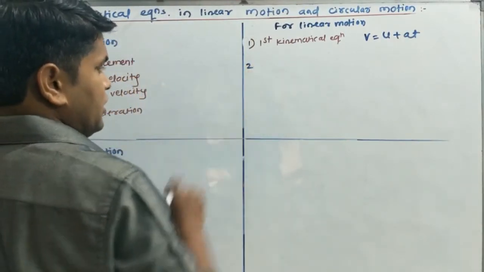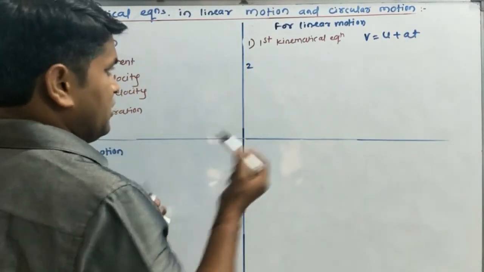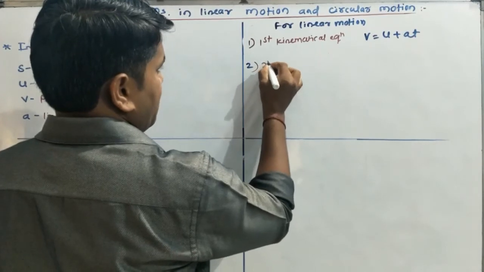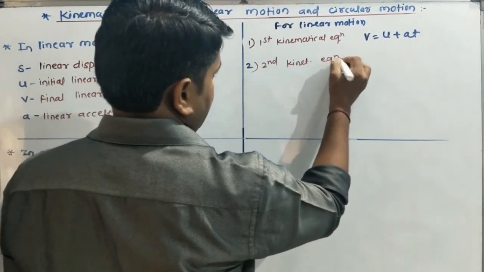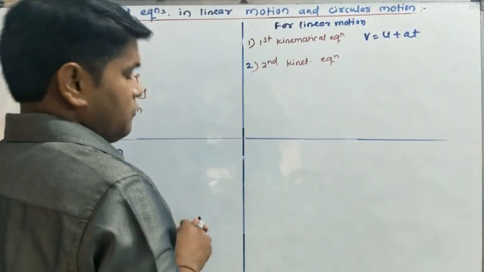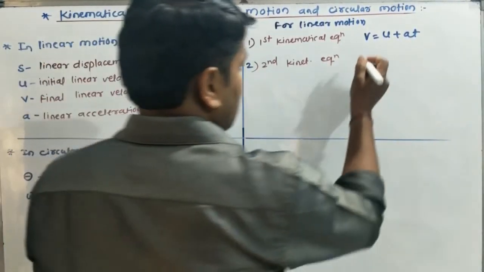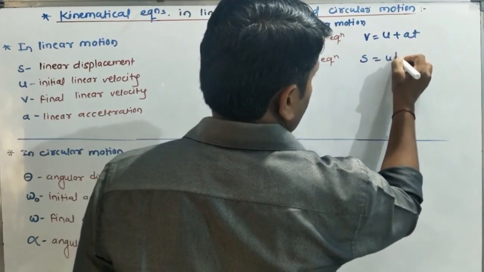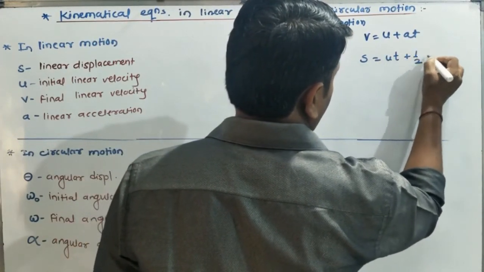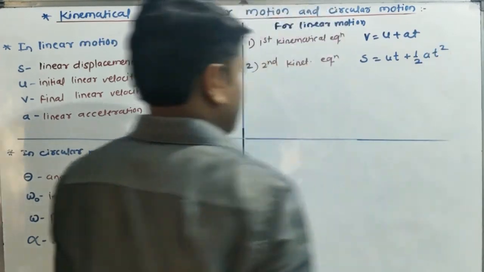Then the second kinematical equation is s is equal to ut plus half at square.